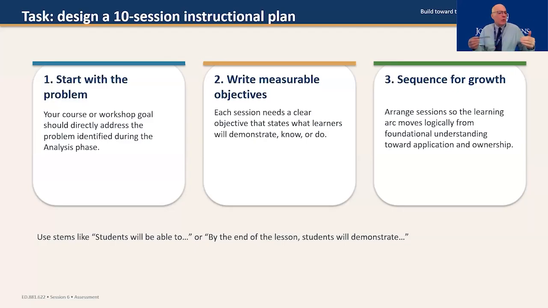Your course, your workshop, your webinar, your goal should directly address the problem identified during the first stage of the ADDIE design plan, which is the analysis phase. In step two, you're going to learn how to write measurable objectives. And again, we will use that pyramid model of Bloom's taxonomy to create clear objectives that state what the learners will demonstrate and know how to do.